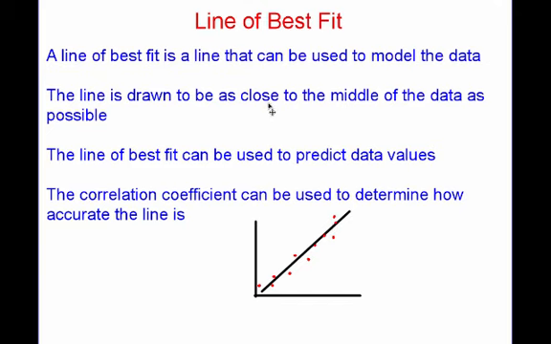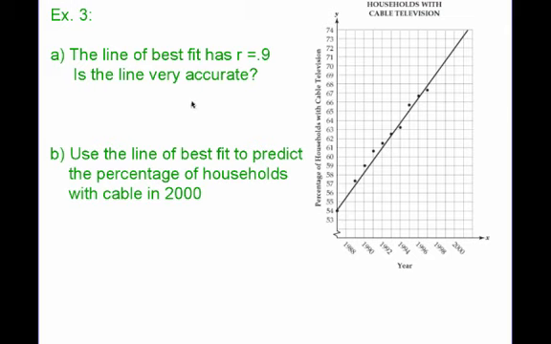So, example 3, I've got this scatter plot over here. I've got the year from 1988 to 2000, and over here we've got the percentage of households with cable TV. So, you can see that we've got a scatter plot drawn, and then we have a line of best fit drawn. And you can tell just from looking at it that this is a pretty accurate line of best fit because the dots are all pretty close to the line.